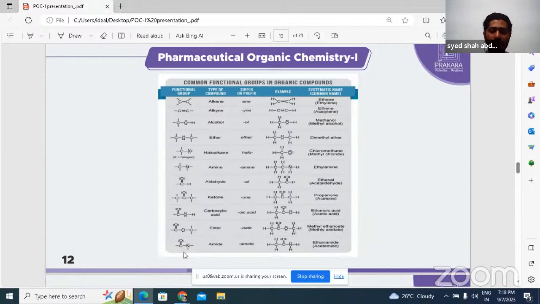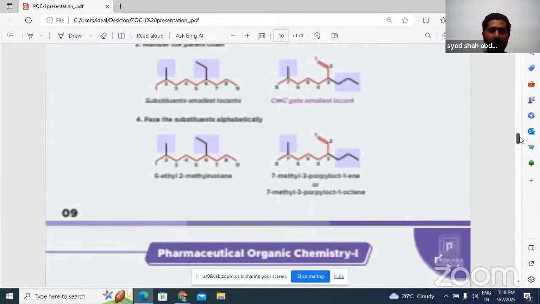And amide, when there is a C double bond O NH group present, we call them amide. We simply take how many carbons are there and then name it as amide. Like with two carbons, ethanamide. Okay, one carbon, methanamide. So this is about the functional groups that will be there.